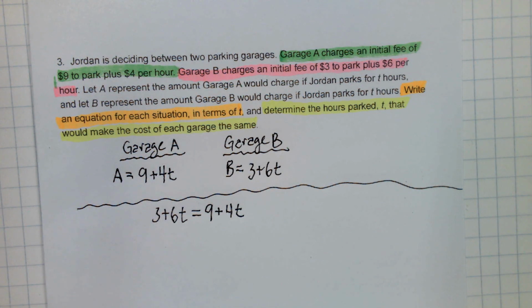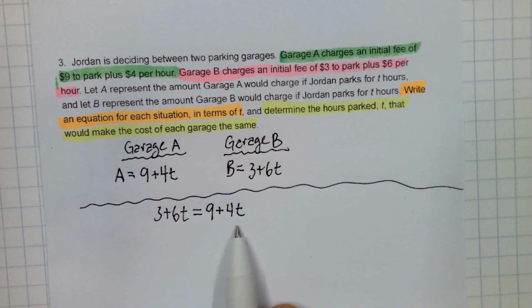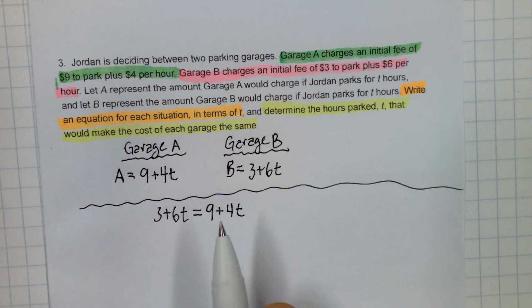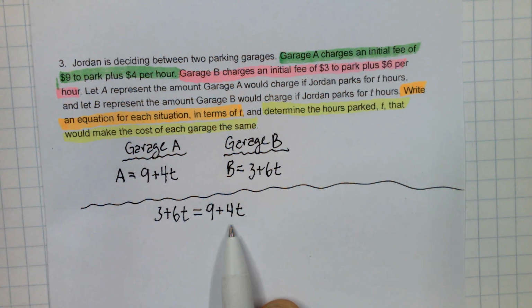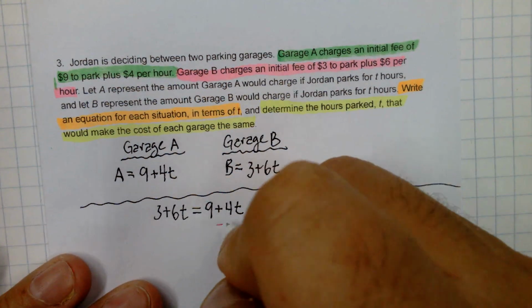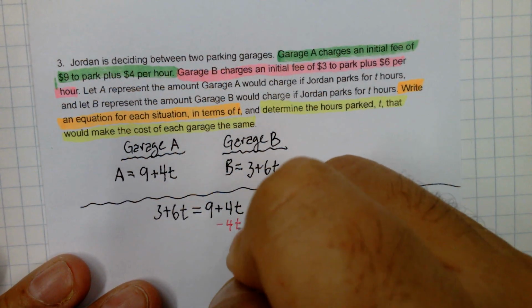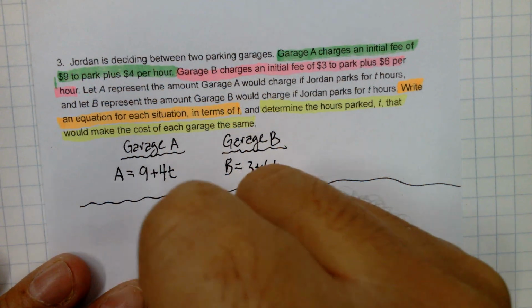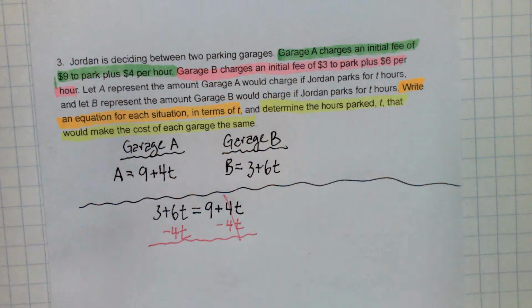Well, it's an equation, so I just have to figure out what number t represents in this equation. And we've done that. Not intimidated. In fact, do you notice we have variables on both sides? T on the right, t on the left. What if I want to get rid of this 4t on the right? I'm used to the variables on the left. Take it away. By now, we're experts at this. Boom.